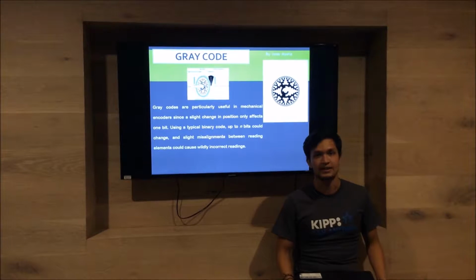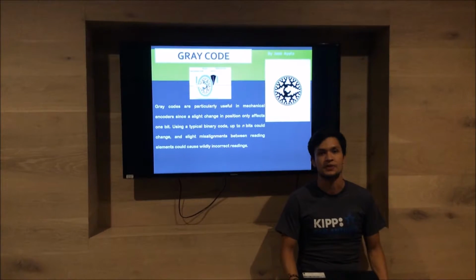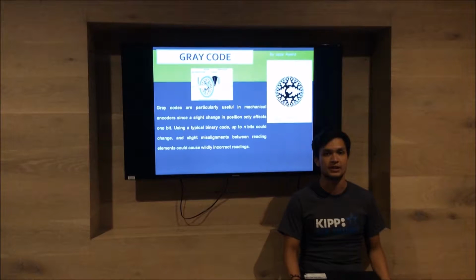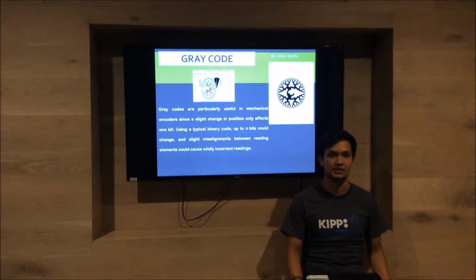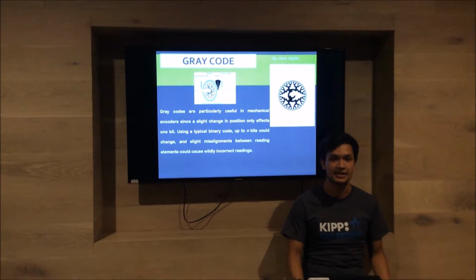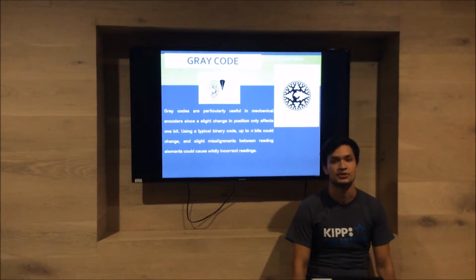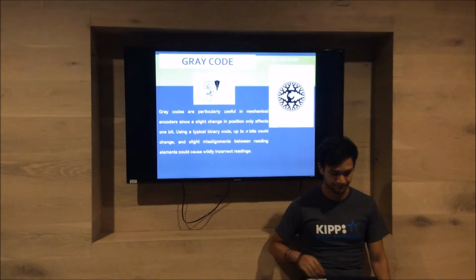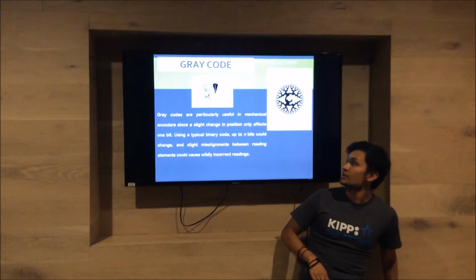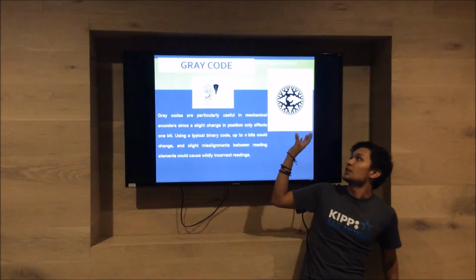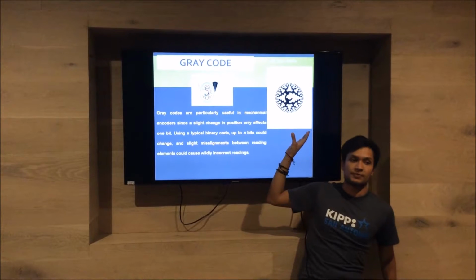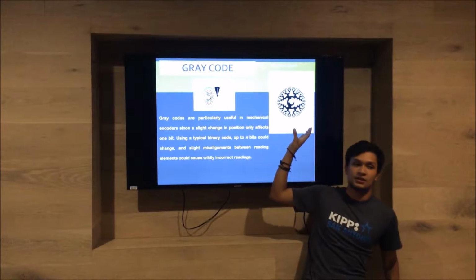This advantage of the gray code makes it easier for encoders to detect changes and misalignments between the shafts or any rotary device. As you can see here, this is a picture of the actual map of bits made by the gray code.